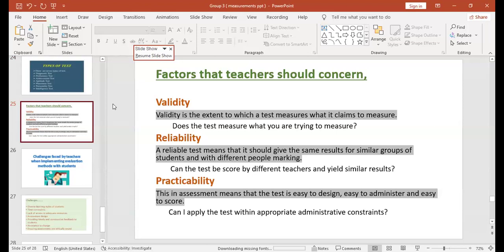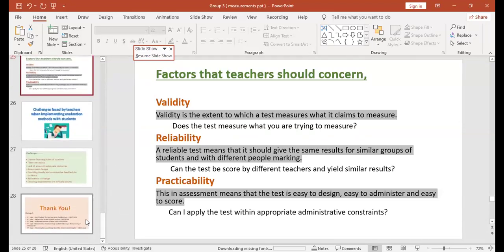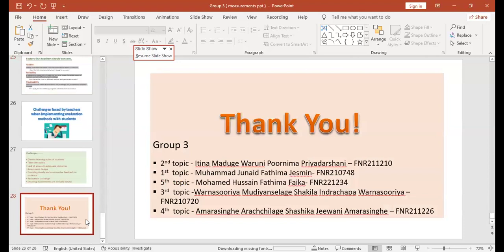Fatima, Purnima, Shakila, Shalika, and Faika. These are the members, ma'am. Faika didn't do. Others did, madam. Can I do that one? Okay.